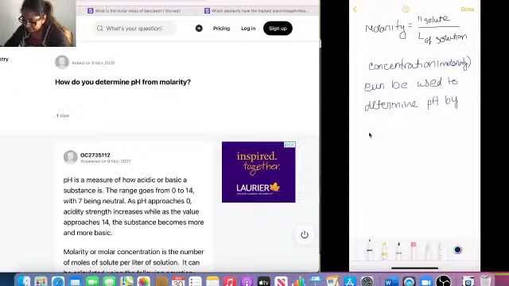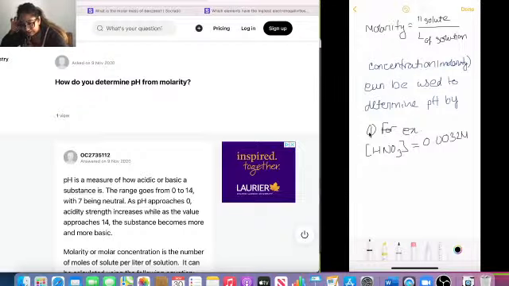So for example, let's say we have nitric acid, HNO3, and let's say this has a concentration of 0.0032 molar, okay?